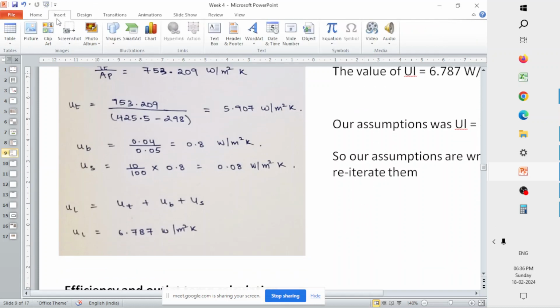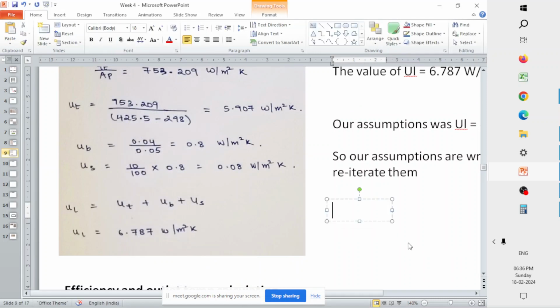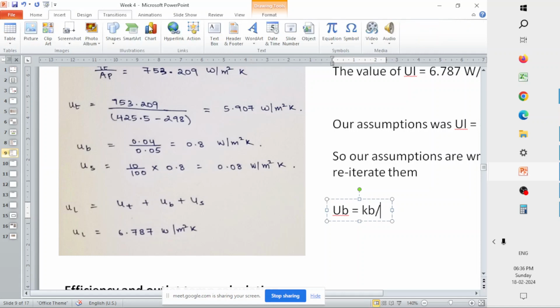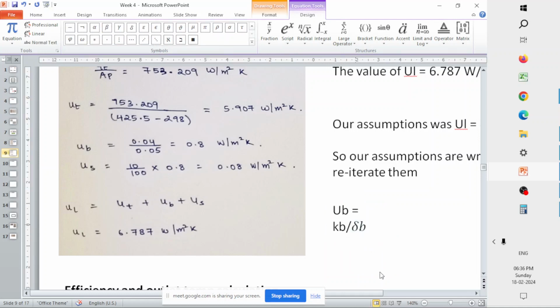Let me write that: UB is equal to KB divided by delta B. So this is the expression for UB.